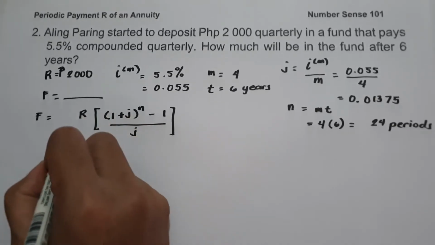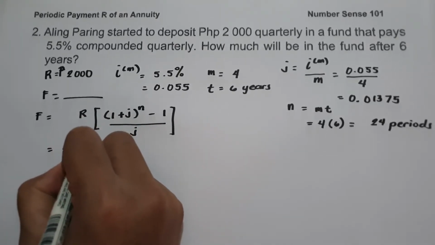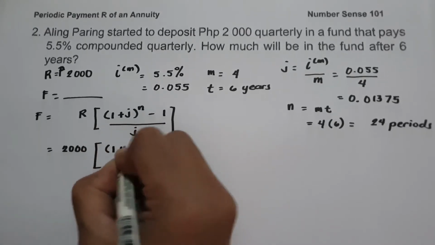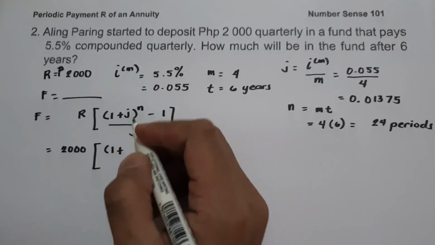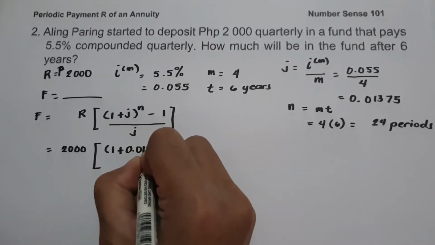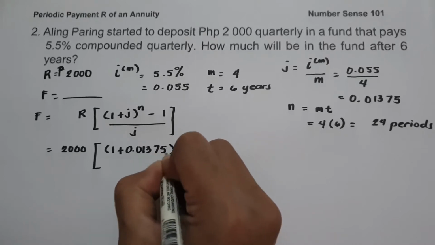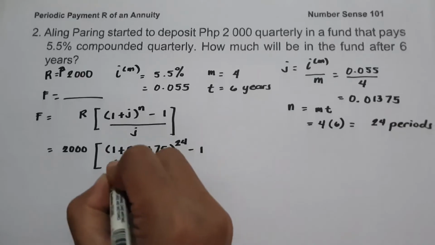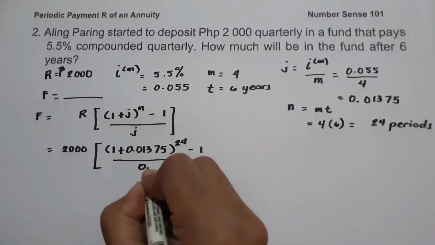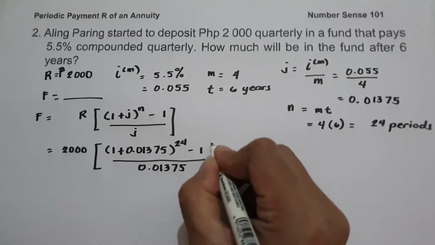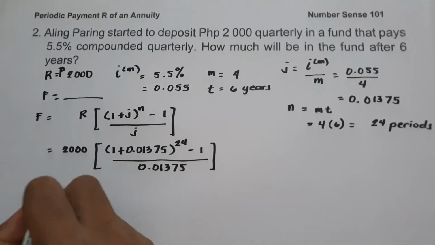Regular payment, that is 2,000. And then, let us have quantity 1 plus interest rate per period, that is 0.01375 raised by N, that is 24, minus 1 all over 0.01375.